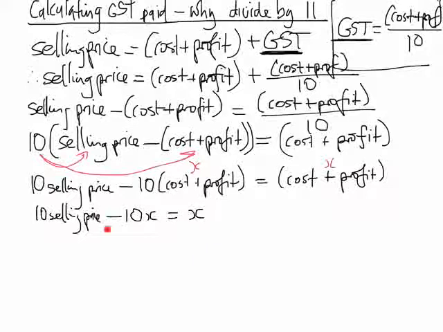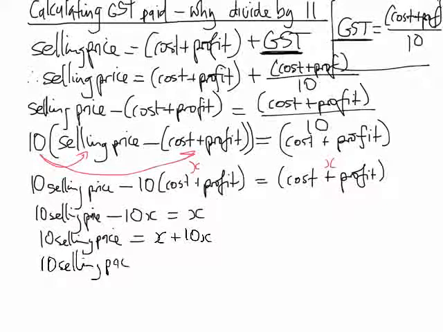So what is the opposite of taking 10x? Well, it's adding 10x. So 10 selling price equals, by adding 10x you would cancel the negative 10x there, but you'd have to balance it on the other side, so it would be x plus 10x. So you've got 10 selling price equals, how many x's do I have here? 1x plus 10 x's.